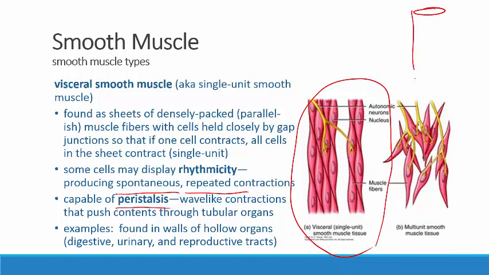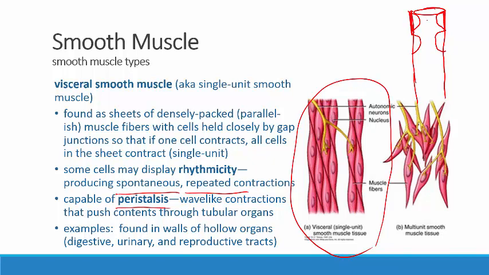Peristalsis is how we move food through the digestive tract, for instance, and how we move urine out of the urinary bladder. You'll get a contraction here, and then that is followed by a contraction here as this part returns to being relaxed again.